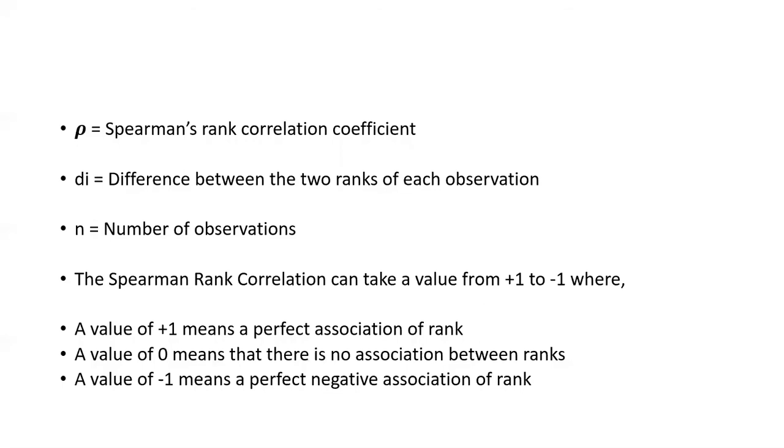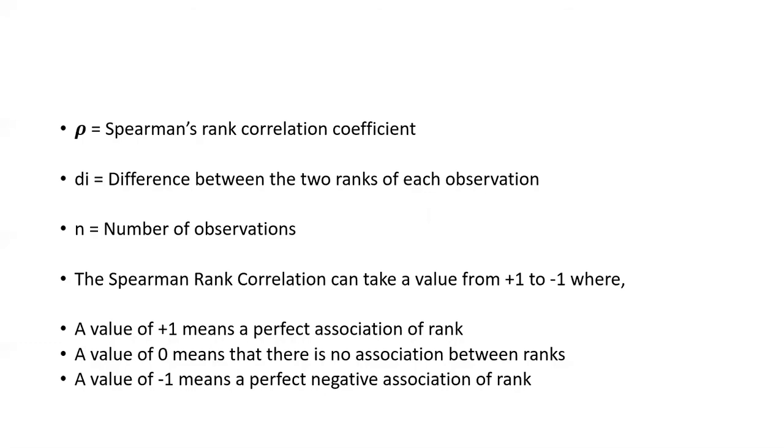Here rho represents the Spearman's rank correlation coefficient. Then d i is the difference between the two ranks of each observation. N is the number of observations, and the Spearman correlation can take a value from -1 to +1. The value of either Karl Pearson or Spearman will range from +1 to -1 only.